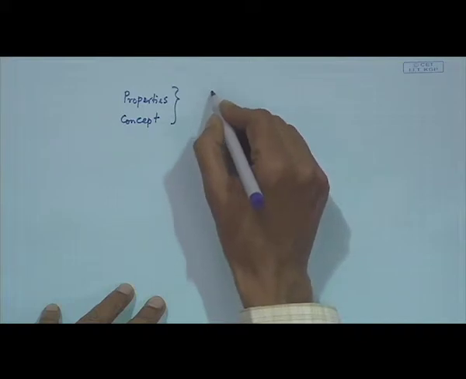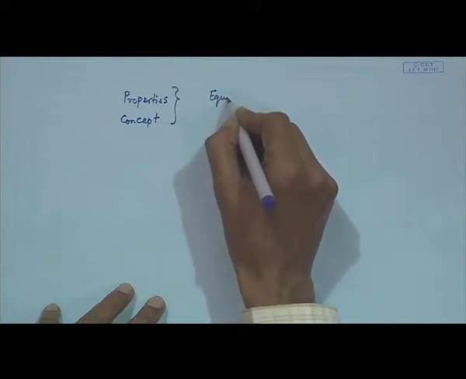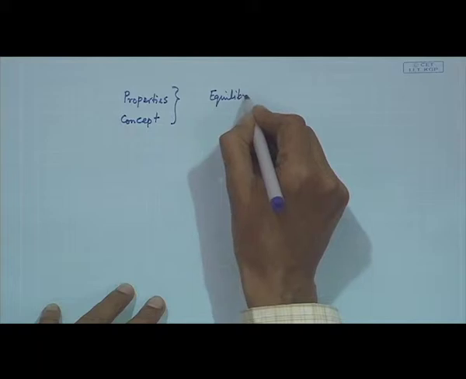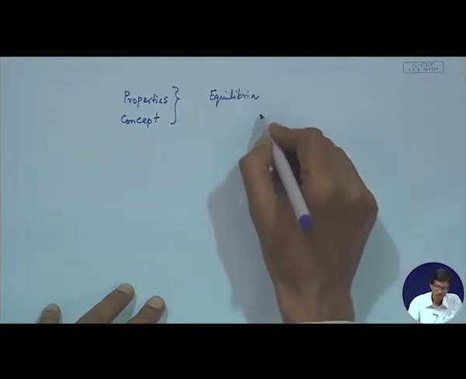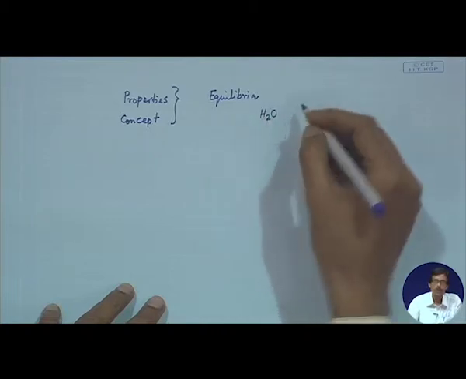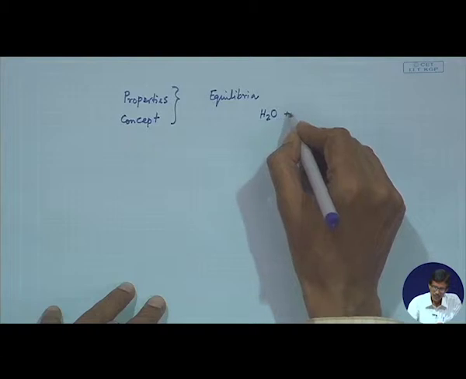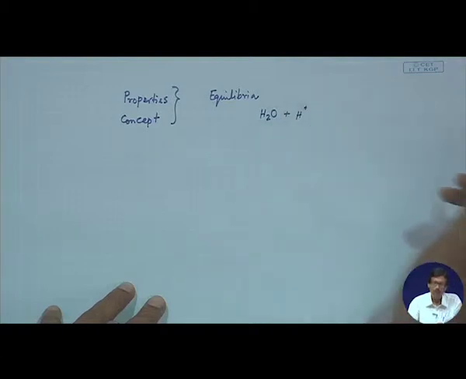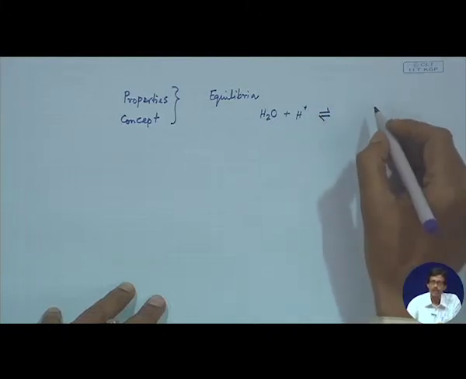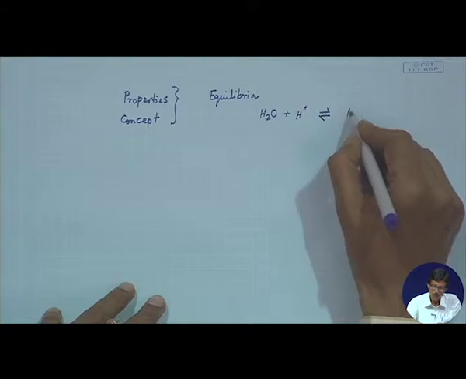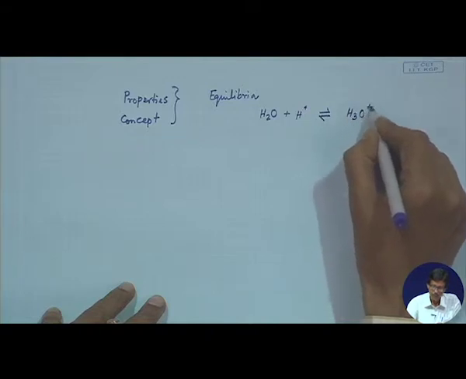So, we have the equilibria, and that particular equilibria, we are talking about in terms of a very simple reaction that we all know: the reaction of water with H plus, that means the proton, forming H3O plus.